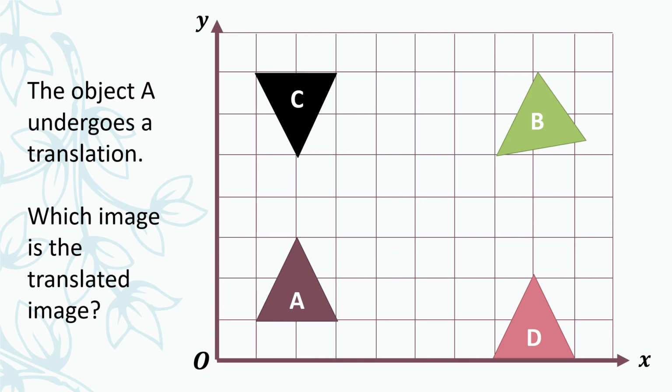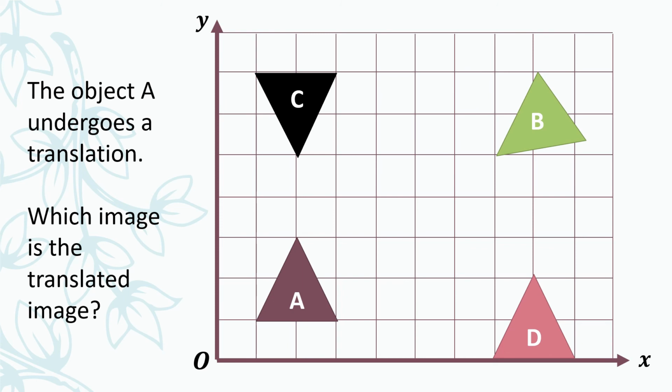By now, you should be able to identify which triangle actually corresponds to the image of A under translation. And if you can see that the image is the triangle labeled D, excellent job. It's pretty obvious that D is the translated image of A because it is congruent since it has the same size and shape as well as orientation.